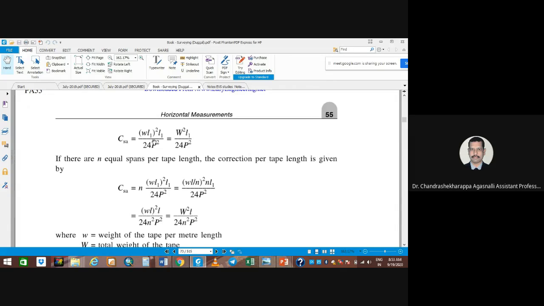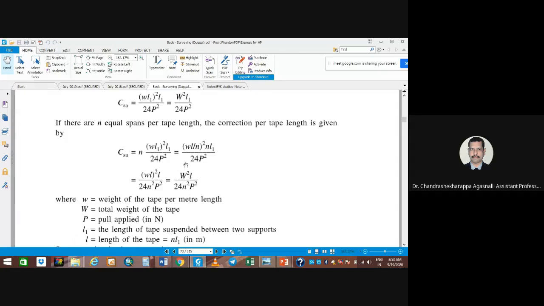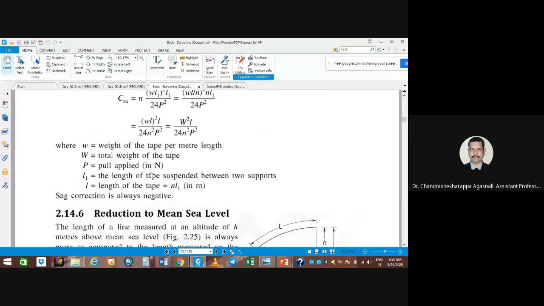CA is equal to W squared L over 24 n squared, where W is the weight and L is the length. Sag correction: if there are n equal spans per tape length, the correction per tape length is given by CA. What do you mean by CA here?